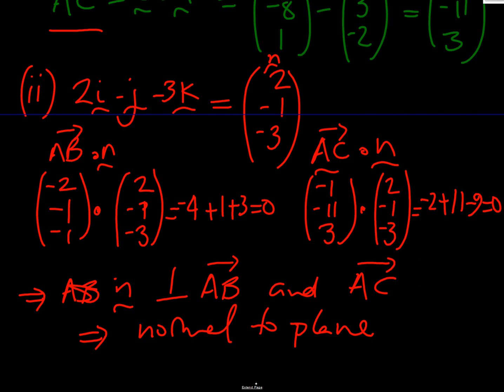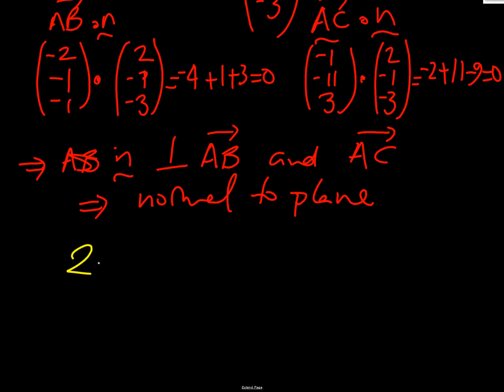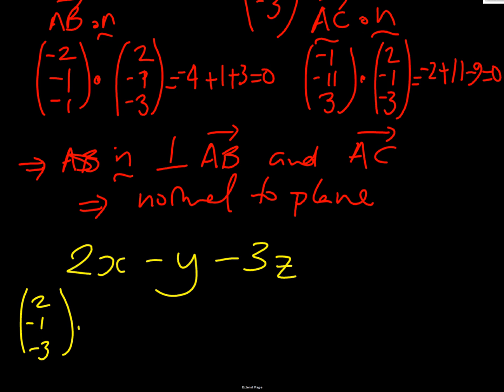So I know that given that this is my normal vector, here it is up here, my equation of my plane must be 2x minus y minus 3z. Yeah, that's our 2, minus 1, minus 3 vector dotted with the x, y, z vector.